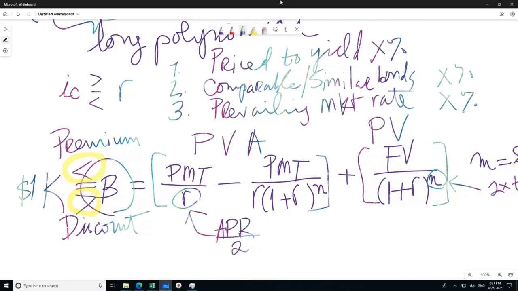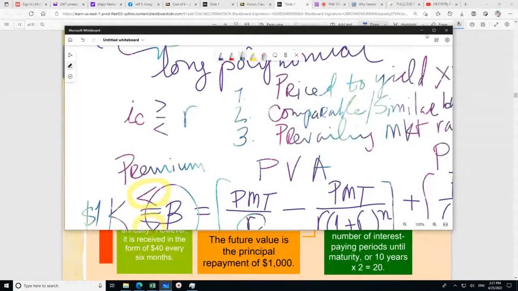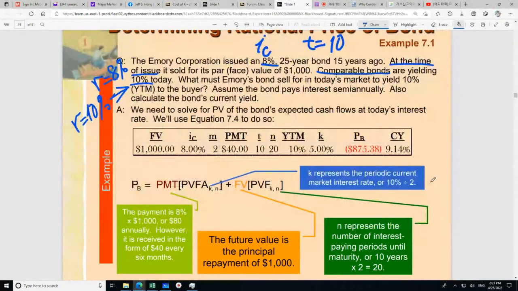Okay, so that's 3 ways the wording can appear.